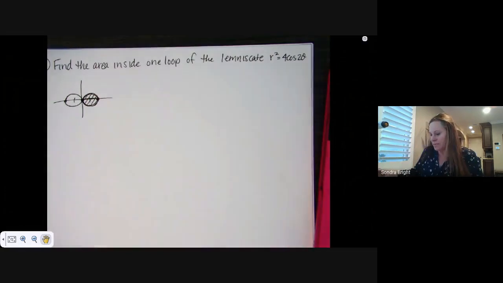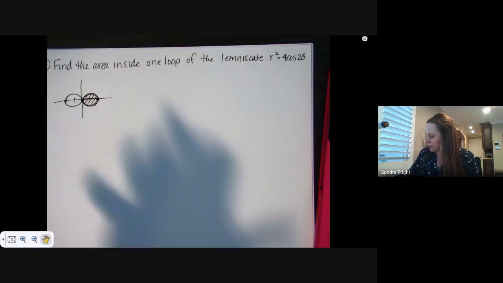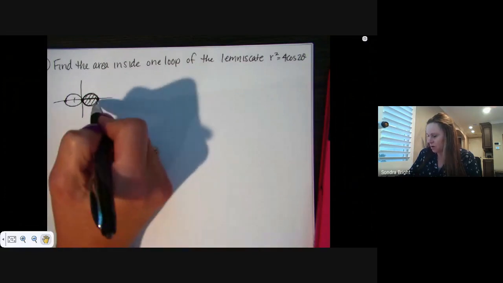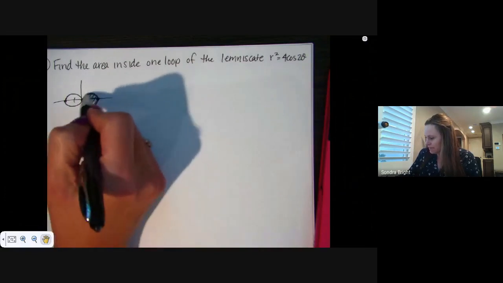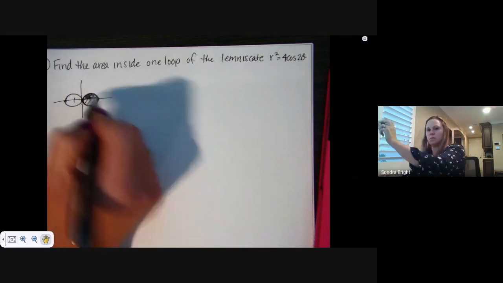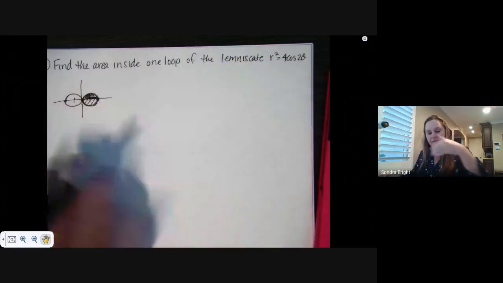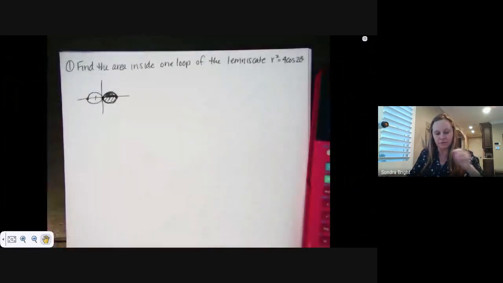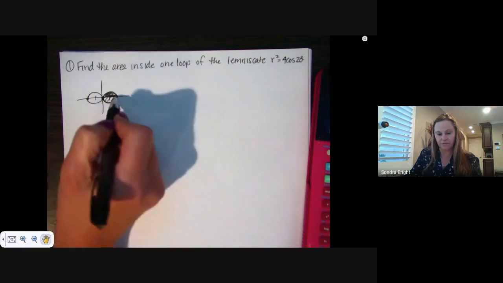So two ways to do it. You either go from negative pi over 4 to positive pi over 4, or break it up and just find the top half of the area, which is what I'm going to suggest you do, and then go from there. You can go from 0 to pi over 4.